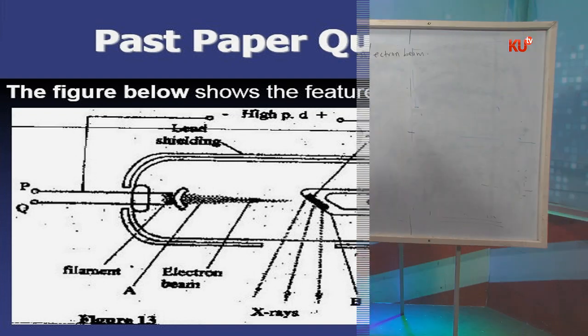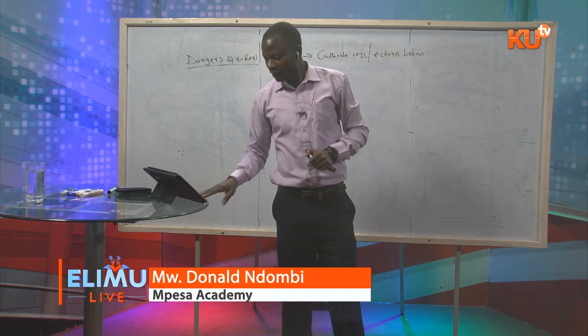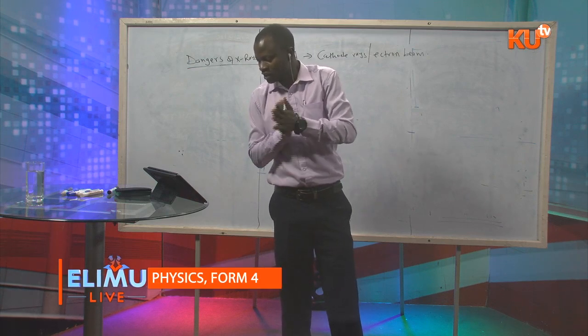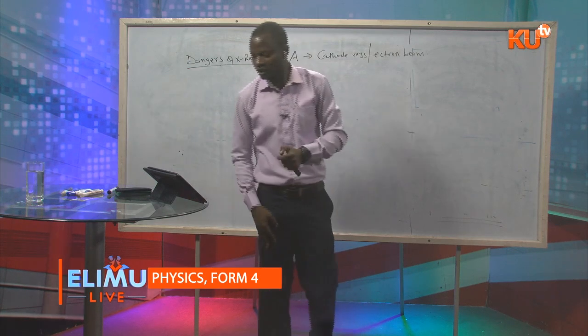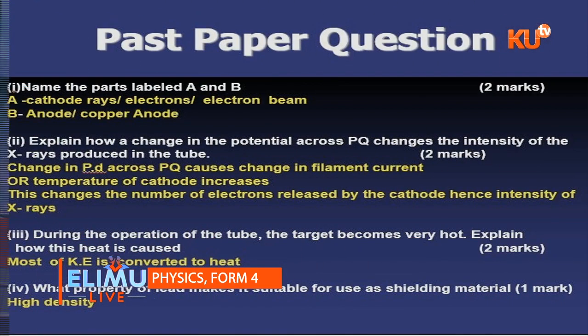Now, the next one, explain how a change in the potential across PQ changes the intensity of the X-ray produced in the tube.